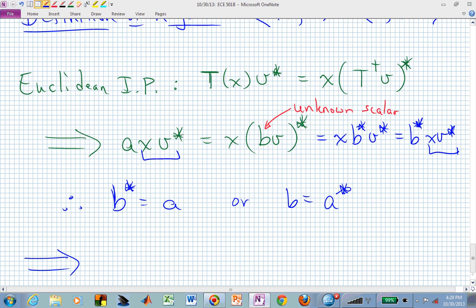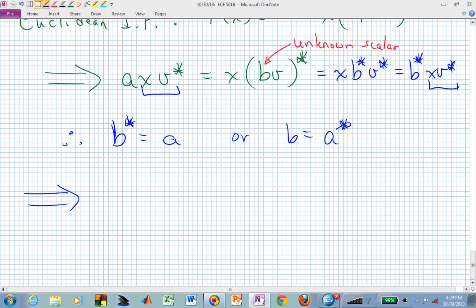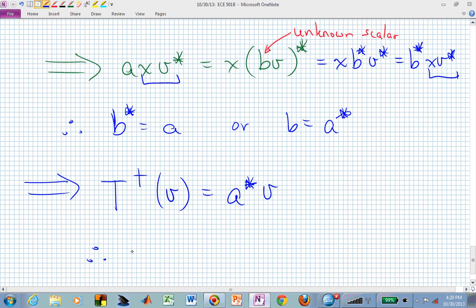And what does that tell me? B was what I said the adjoint was as an operator. So that's now telling me that if I have the adjoint operating on a vector V, where V is just a scalar, that's now equal to BV, but B we found in terms of the original map, which was A star V. And now we know what the matrix representation of that adjoint operator is.